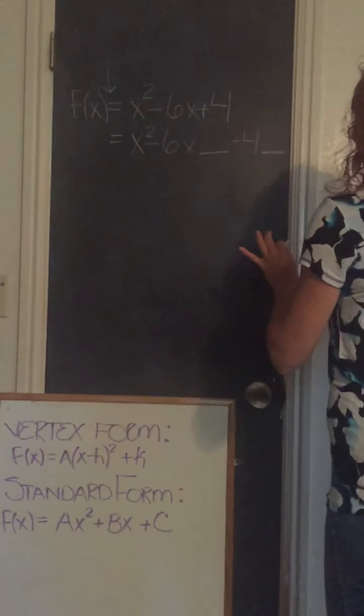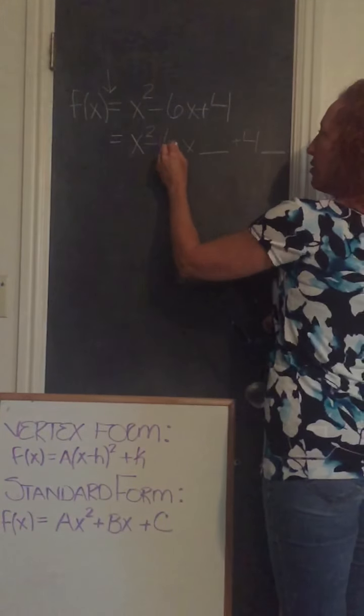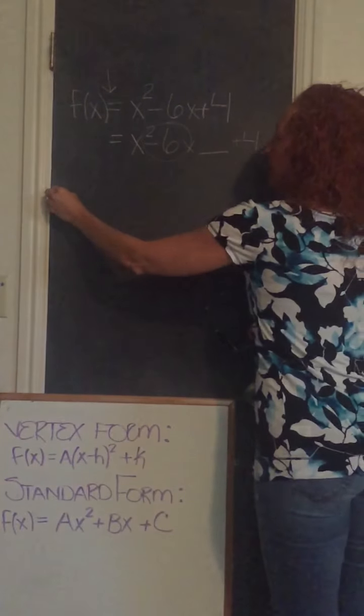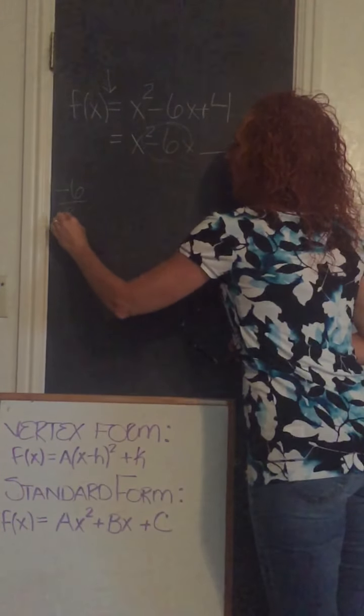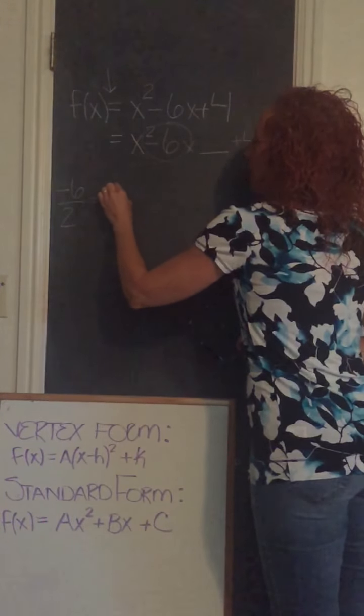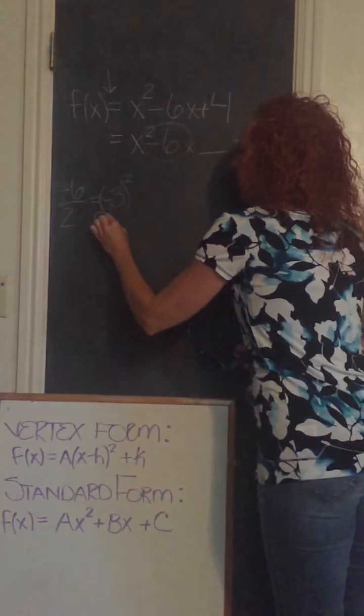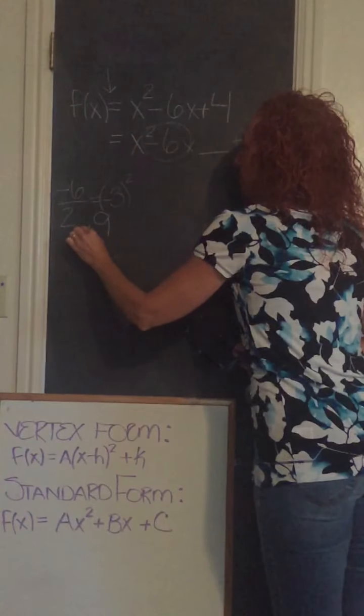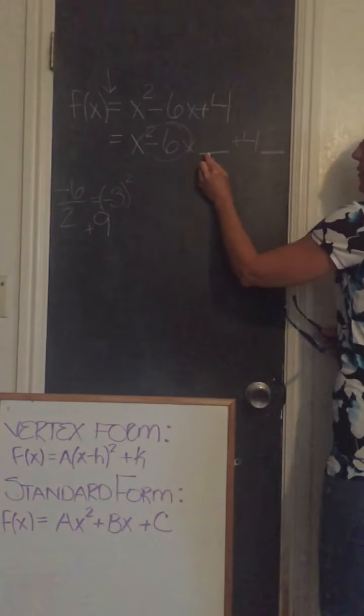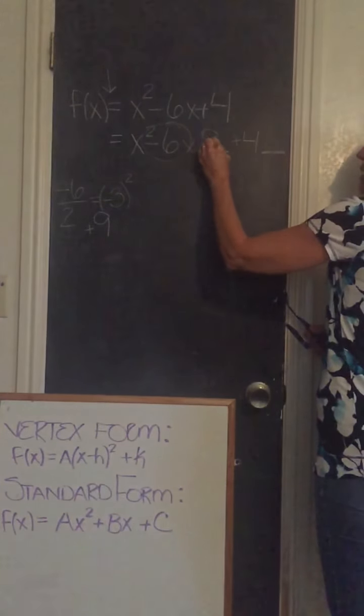Bear with me. When we completed the square, we looked at that number right there and took half of that. We got -3. We square it and end up with +9. That number goes in the first space, +9.